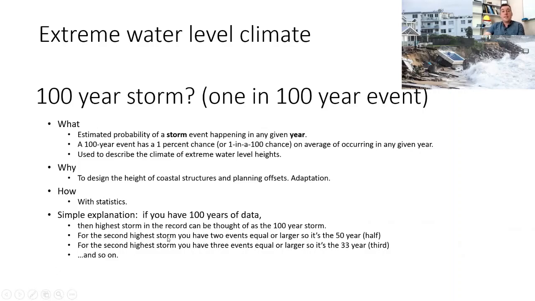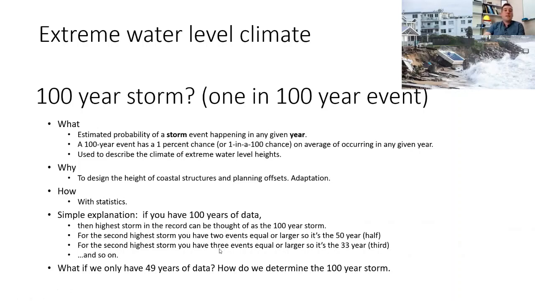For the second highest storm event, you have 2 events that are equal or higher. So it's the 50 years. So it will happen twice, so every 50 years. For the third highest storm event, there are 3 events equal or larger, so that's the 30-year event for a third. So on average, you'd expect it to happen 3 times, and so on.